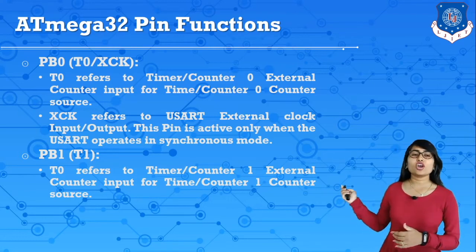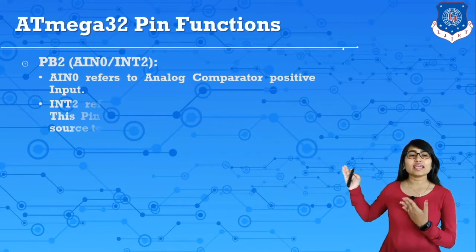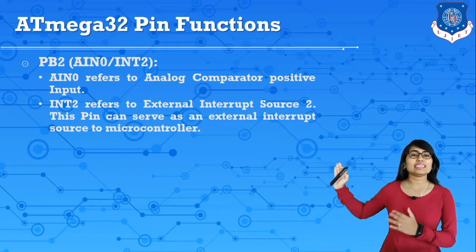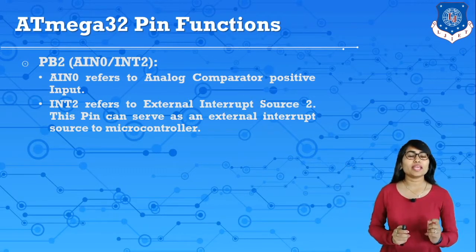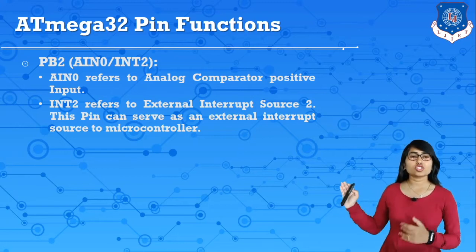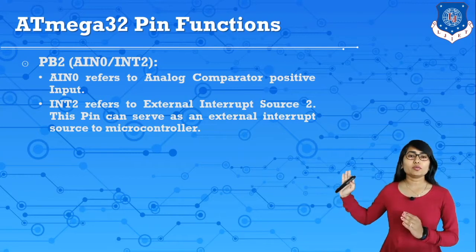Then next, for PB2 there is AIN0 or INT2. AIN0 refers to the analog comparator positive input. Whenever the analog comparator is used, this AIN0, that means port B2, is used as the analog comparator positive input.